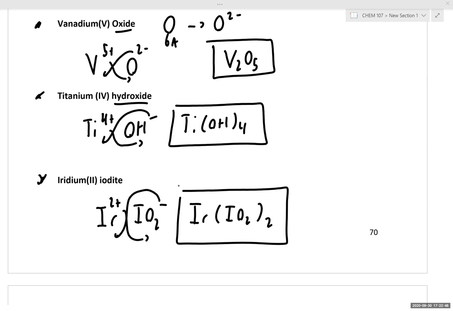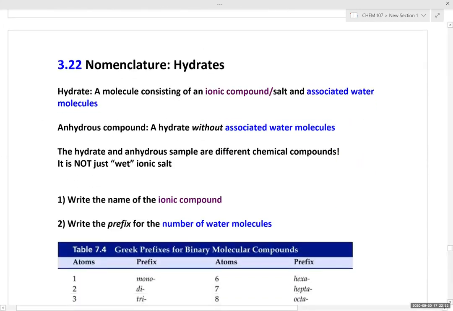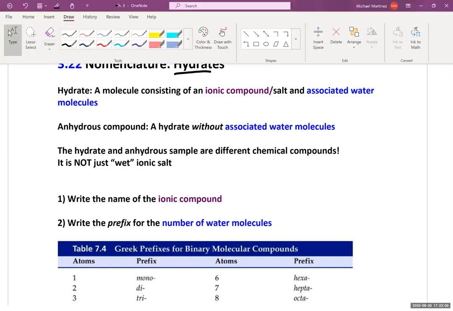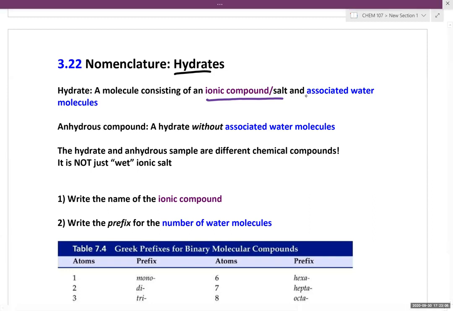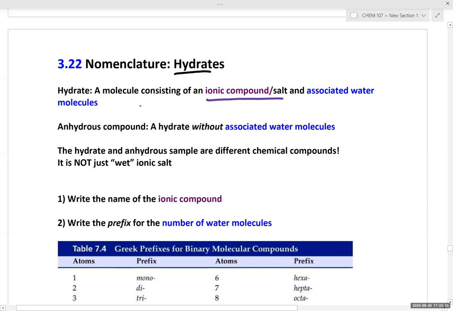If we don't have any other questions on this example, let's keep moving on and let's talk about hydrates. So what is a hydrate? A hydrate is a molecule consisting of an ionic compound, otherwise known as a salt, and critically, as the name implies, from the prefix hydro, has associated water molecules.